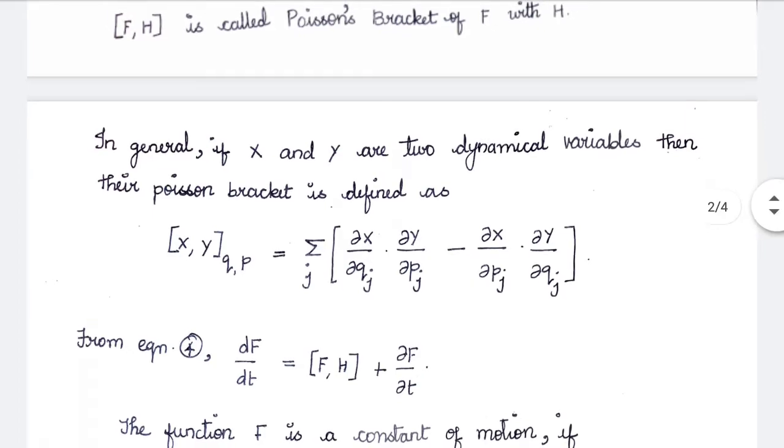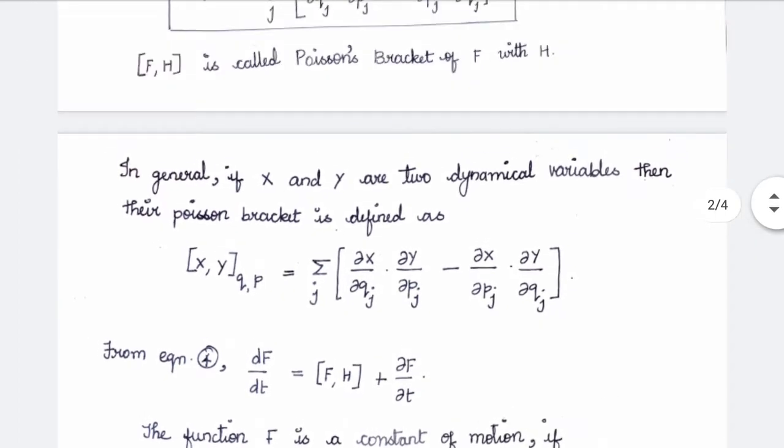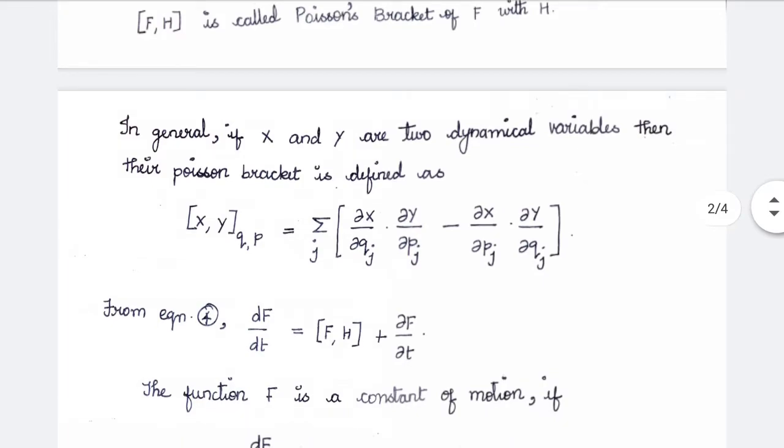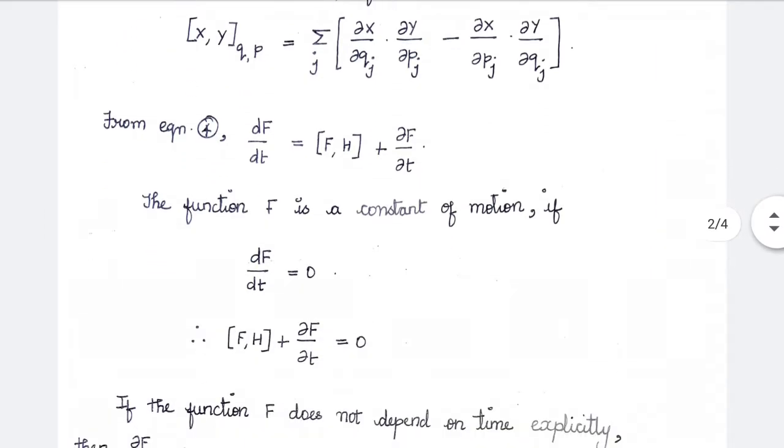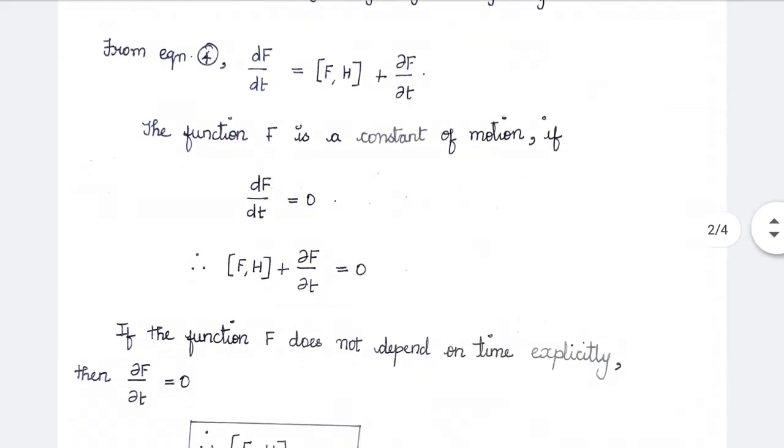So our equation 4 now becomes df by dt is equal to Poisson's bracket of f with h plus dou f by dou t. If in case this function f is a constant of motion, then we can write df by dt equal to 0. So our equation reduces to the Poisson's bracket of f comma h plus dou f by dou t equal to 0.